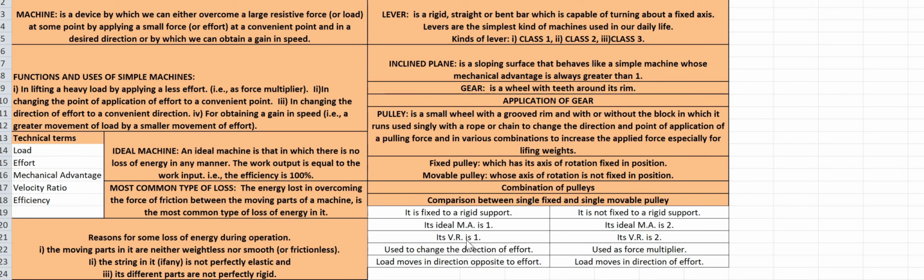The fixed pulley's velocity ratio is 1. The movable pulley's velocity ratio is 2. The fixed pulley is used to change the direction of effort, and the movable pulley is used as a force multiplier. In a fixed pulley, the load moves in the direction opposite to the effort, whereas in a movable pulley the load moves in the direction of effort.